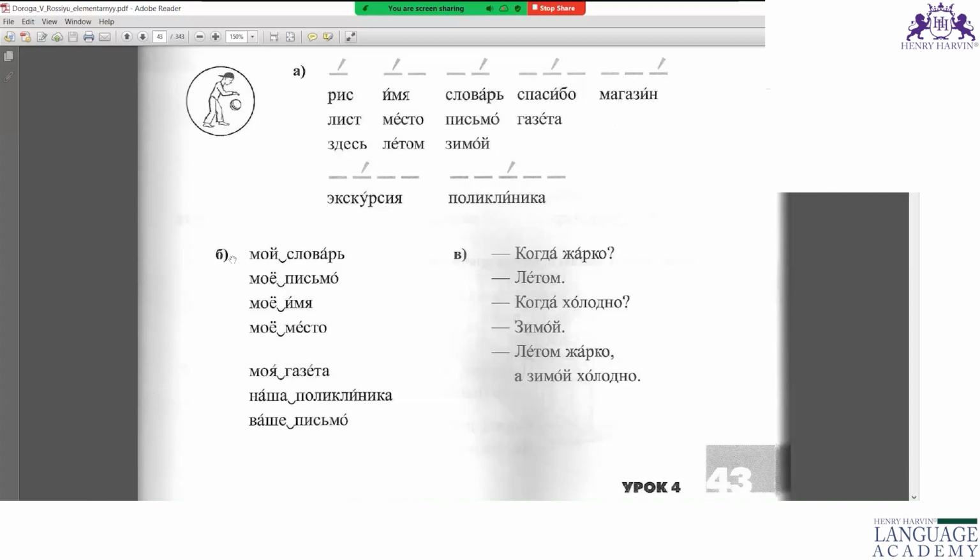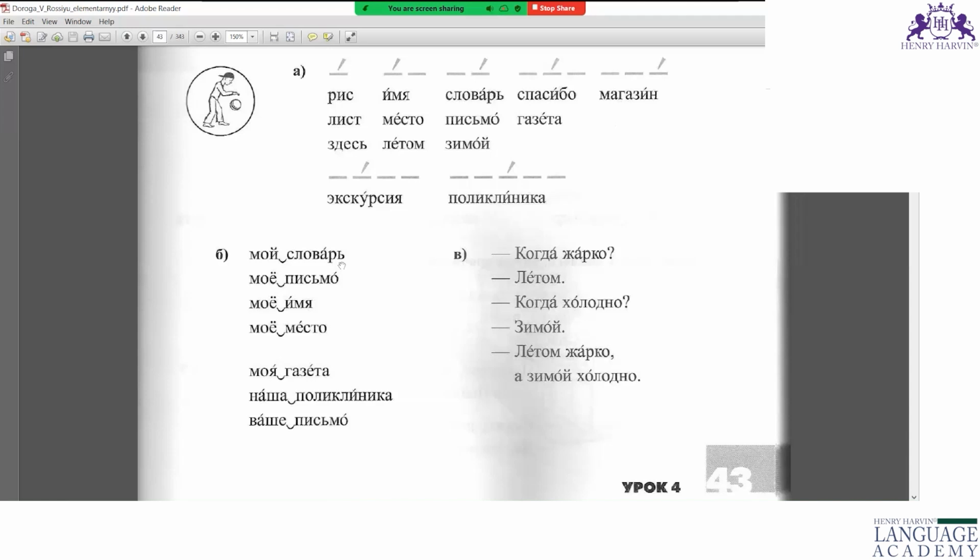Читайте Б и В, читайте, пожалуйста. Мой словарь, мое письмо, мое имя, мое место. Stop. Моя... Stop. So one more time, let me say that мое имя here is an exception. Мой словарь is masculine. And if you remember when I started explaining the rule of masculine, feminine, and neuter, I said that we will also have the soft sign.